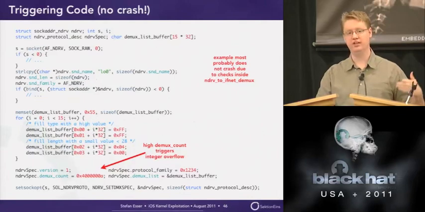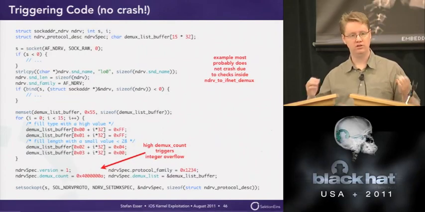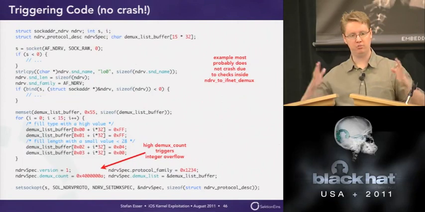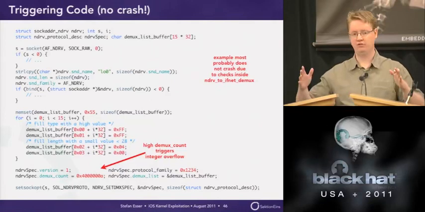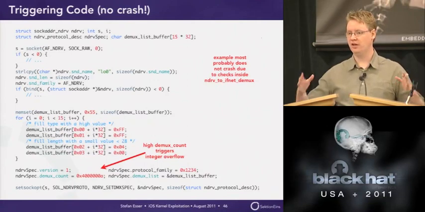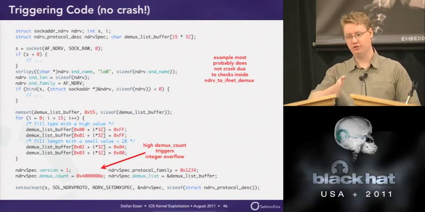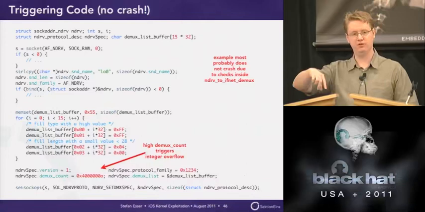So in order to actually cause an overflow, you have to call this socket option once with a normal dmux count so that you can fill a block of memory with whatever data you want. Then you call it again with the overflow, and it will reuse the same block of memory if you did the heap manipulation correctly before. At the point where the overflow is, because you're in the same block as before, you can overwrite with the data that you put there before.